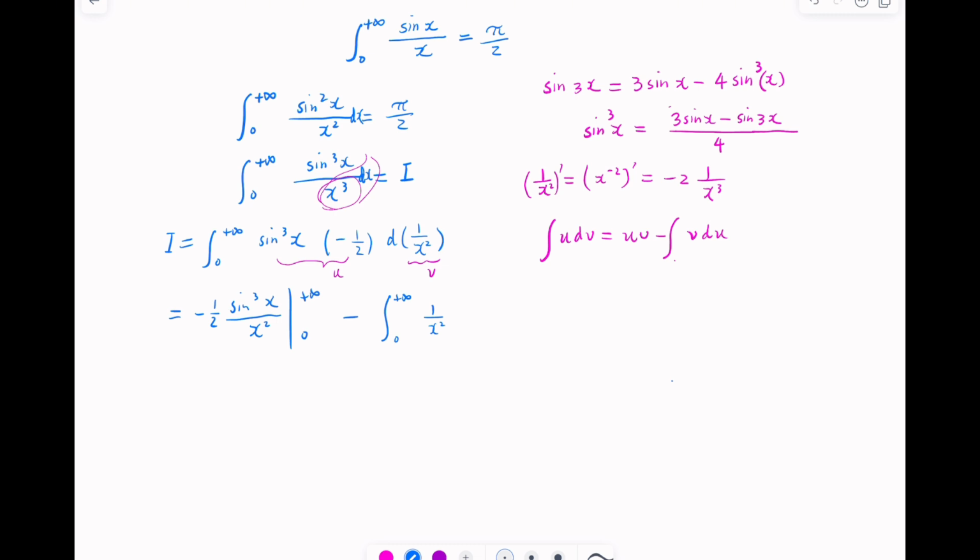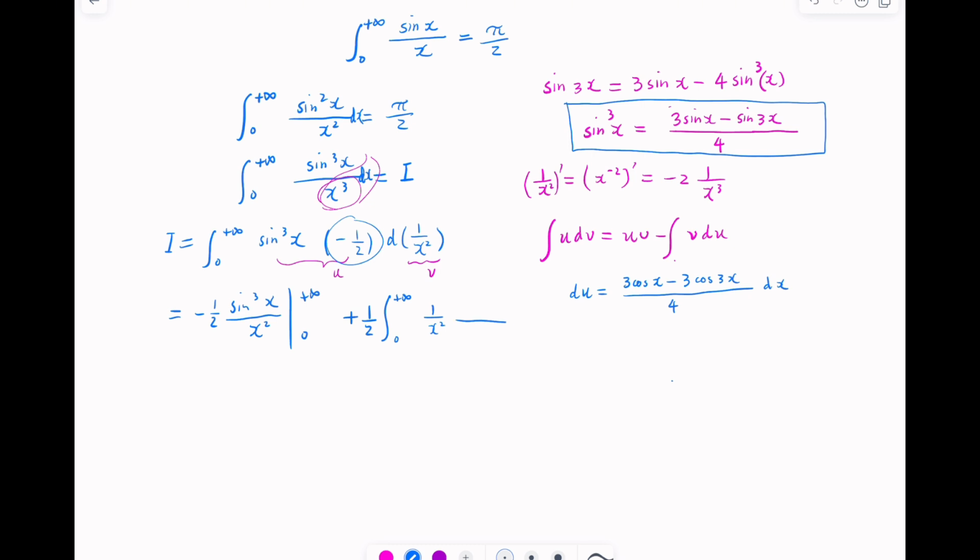So here we're going to use this trig identity, but what's the du here? So du is going to be, we take a derivative, 1/4 of 3 cosine x minus 3 cosine 3x. So here the coefficient is negative 1/2, negative becomes positive 1/2, and here we say 1/4 and 3 cosine x minus 3 cosine 3x and then dx.